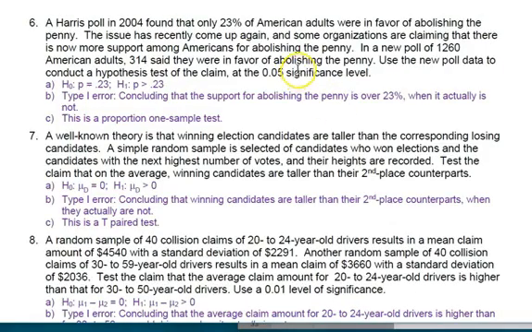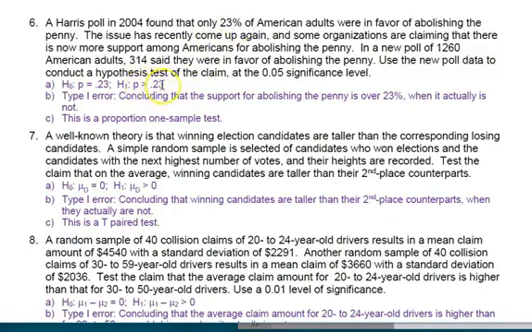In number 6, the claim is that there's more support now for abolishing the penny than there was in 2004, and in 2004, only 23% of American adults supported it. That's saying that the percentage now that support it is more than 23%. Our alternative hypothesis would be P, because we're talking about a percentage or a proportion.